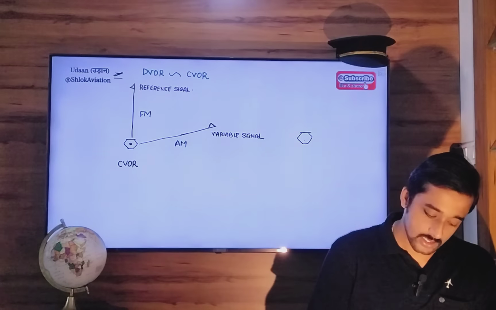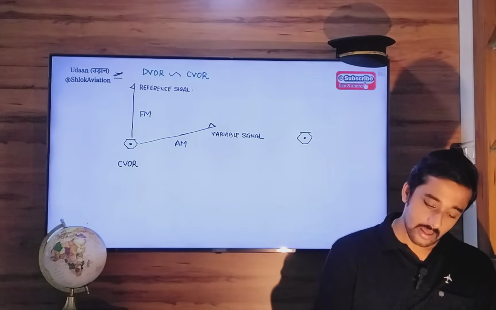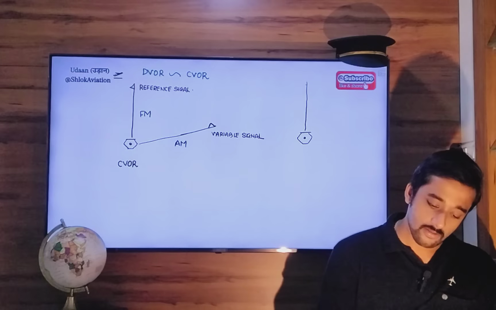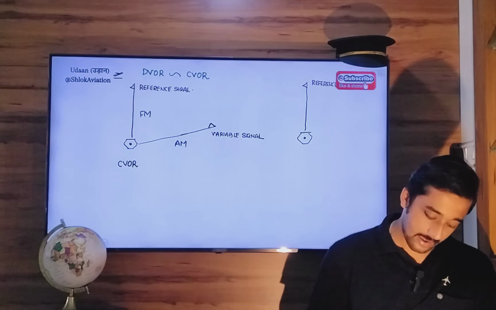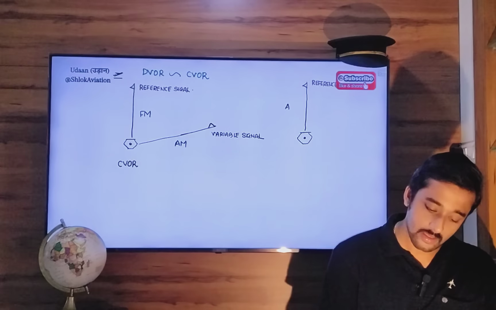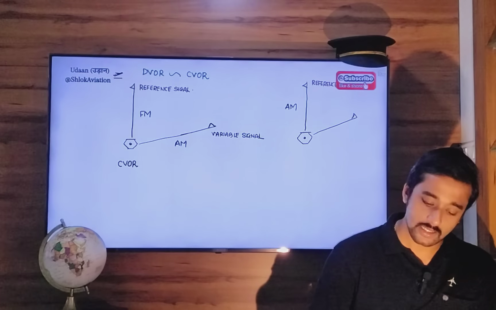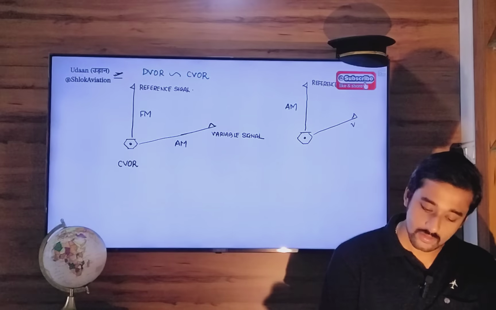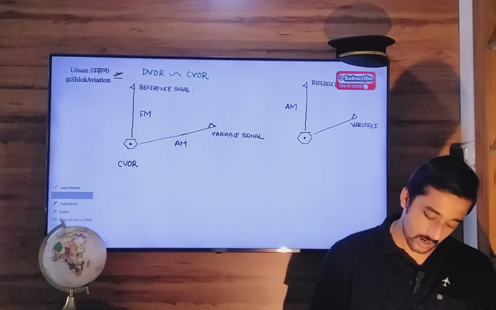What changes is the modulation of the reference signal and variable signal. In Doppler VOR, the reference signal is amplitude modulated and the variable signal is frequency modulated. So it's the reverse of the conventional VOR.